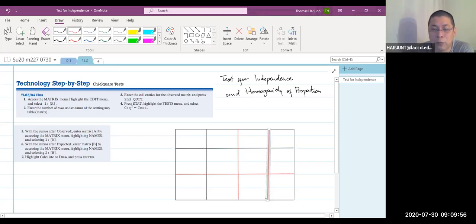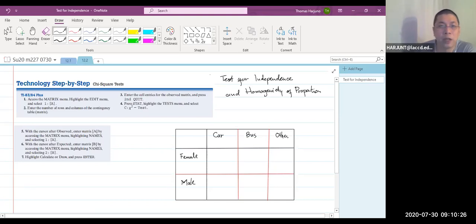Now I will do the following. The one on the top, just for example, let's say this is female and male, and come to school by car, by bus, and by other.